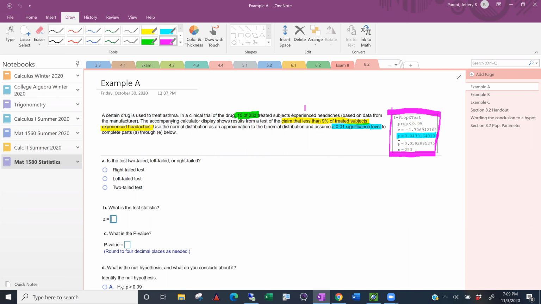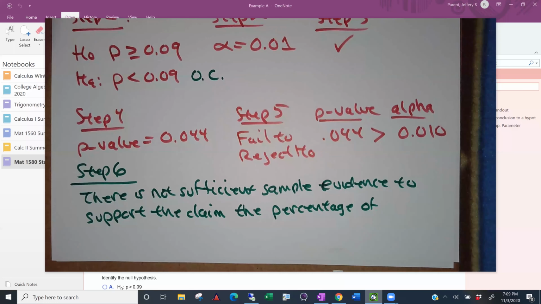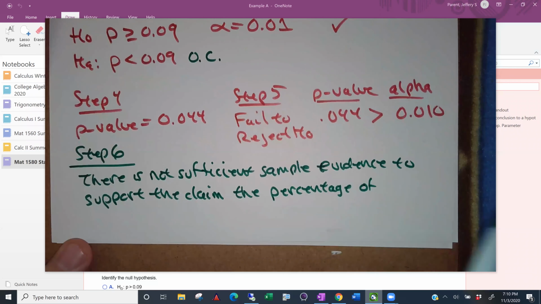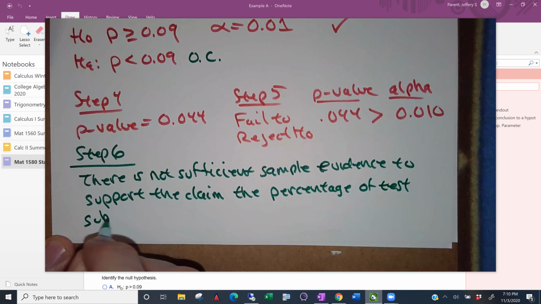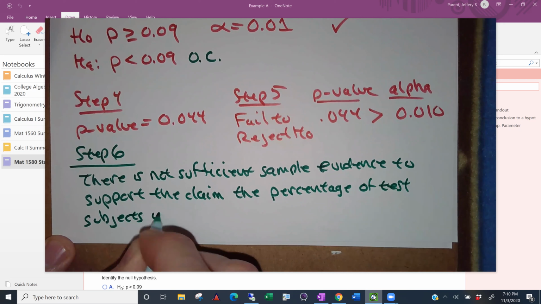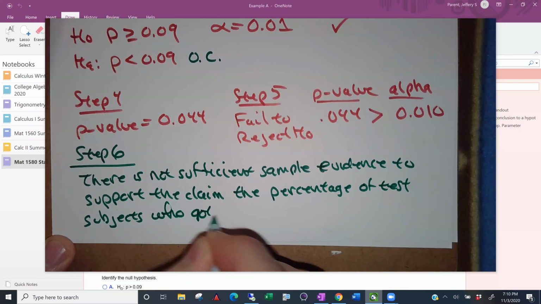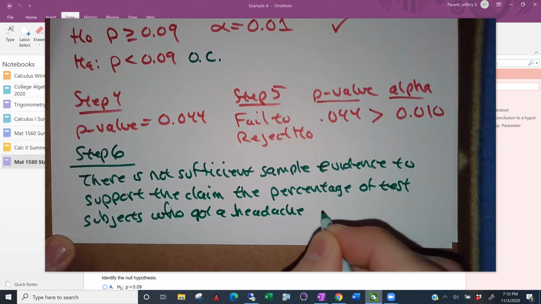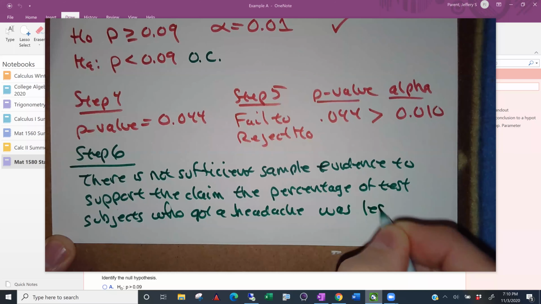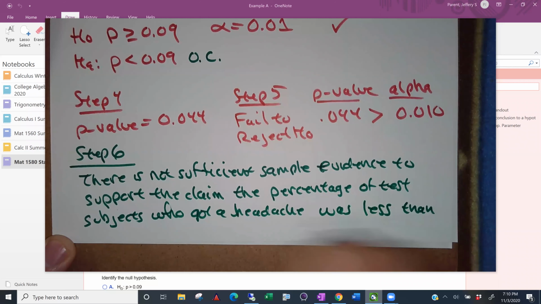Yeah, let's see, you've got to figure out a better way to say that. Let's just say the test subjects experience headaches at less than a 9% rate. Yeah, that's a little bit better. Test subjects who've got a headache was less than 9%.